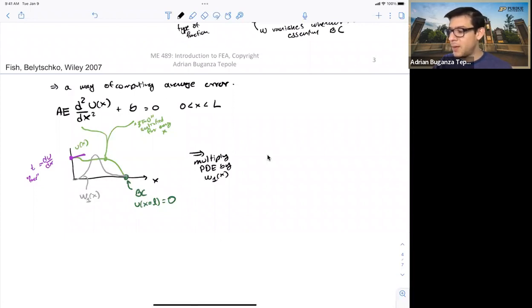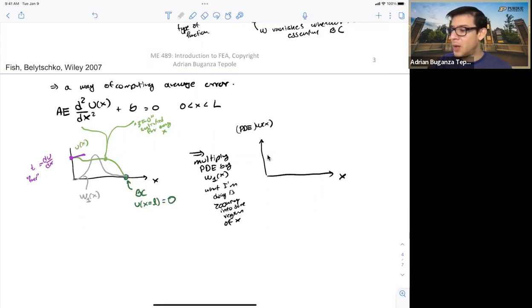Essentially what I'm doing is sort of forgetting about the rest and zooming into some region of x. So I have x, and I have the value of the PDE times, let's just call it PDE times W.